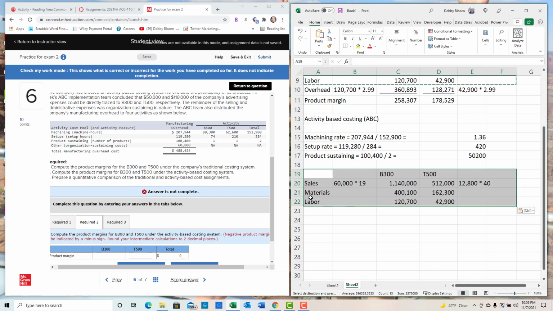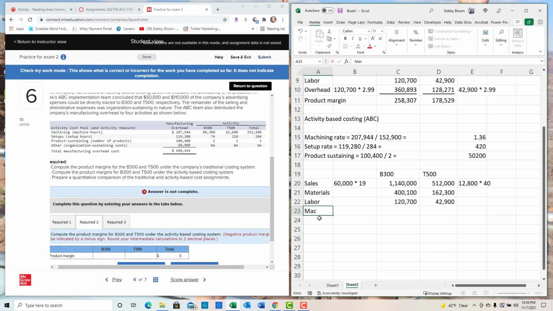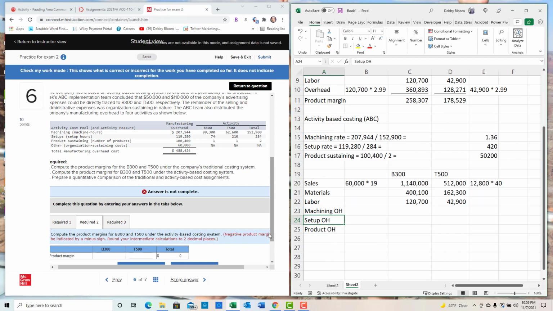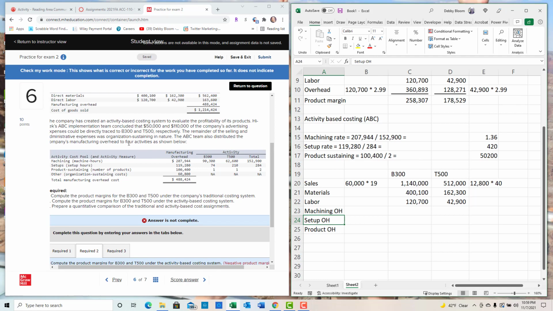Now we're going to have three different overheads: our machining overhead, our setup overhead, and our product sustaining overhead. So I'll make those columns a little bit wider. And then finally, under ABC, we're also going to deduct those separate advertising costs as well, which are given.